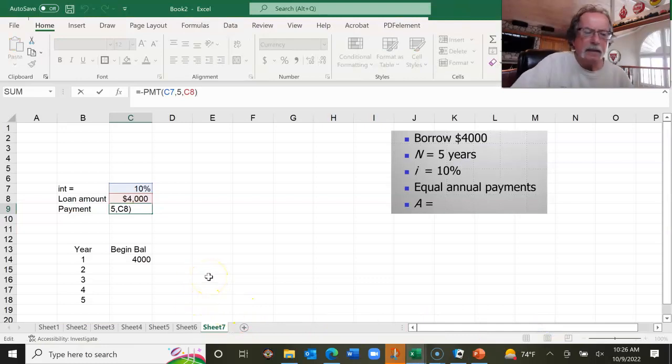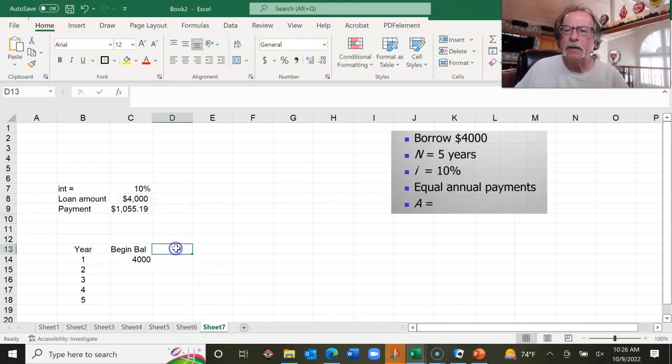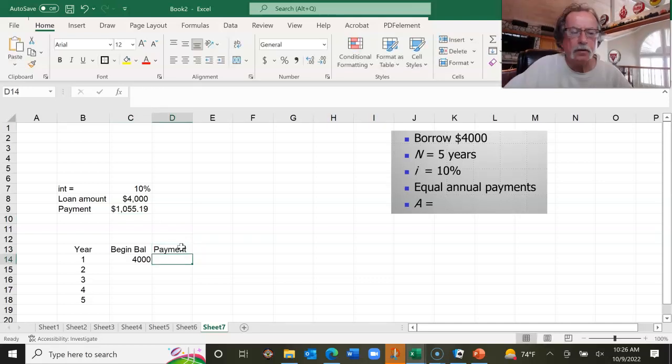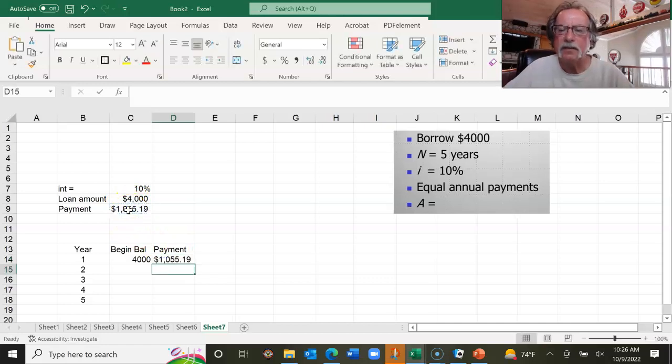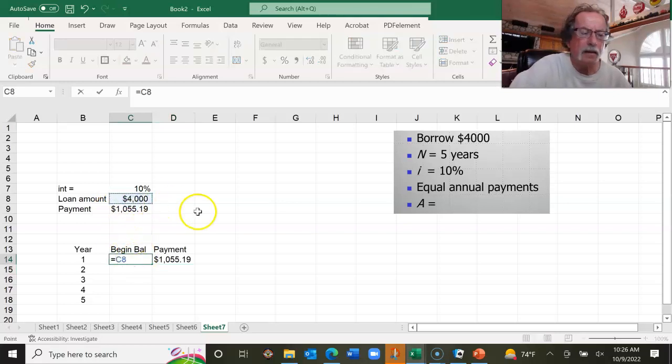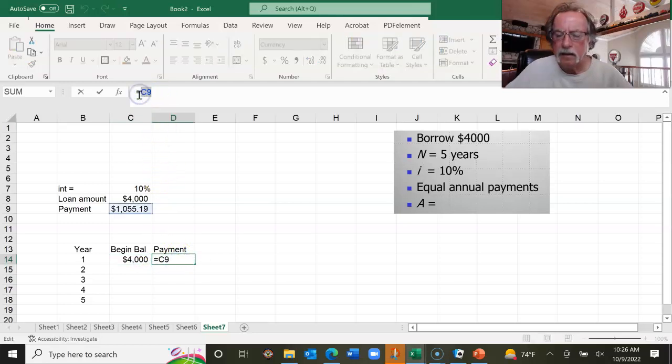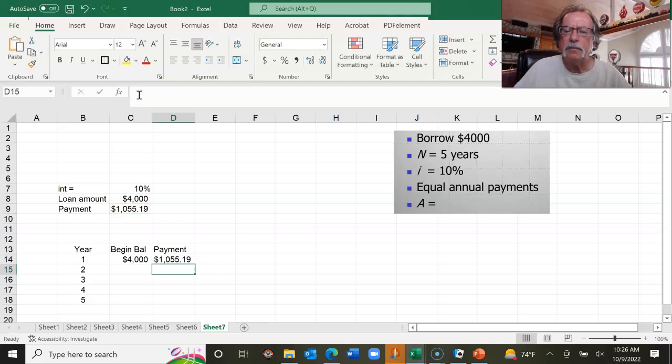Okay, so our payment is going to equal $1,055.19. And that's going to be for every period.